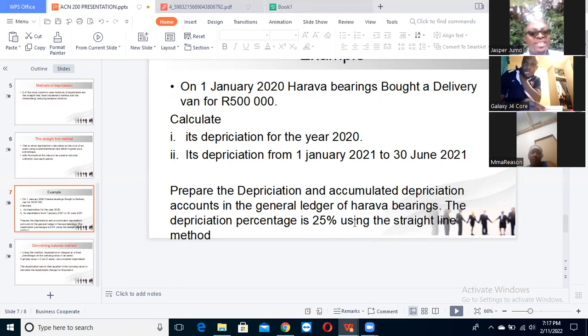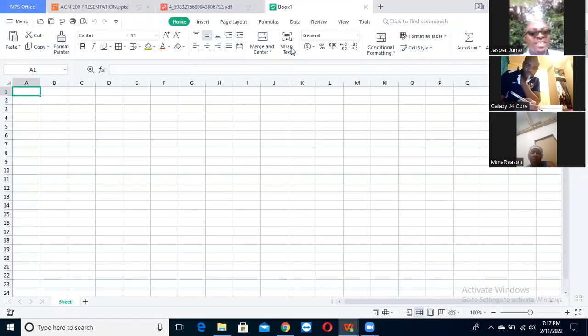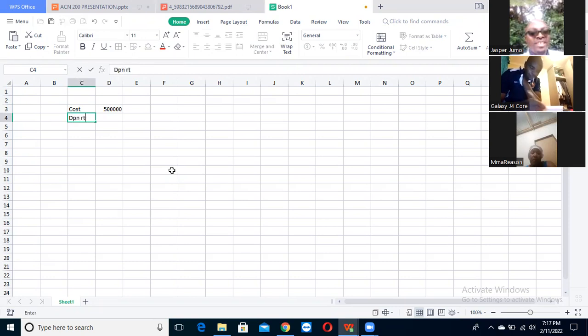So we've been told that it's 25% and the cost is 500,000. What we want to do is write the cost, 500,000, then depreciation rate, 25%.